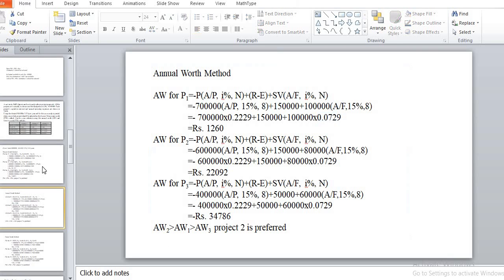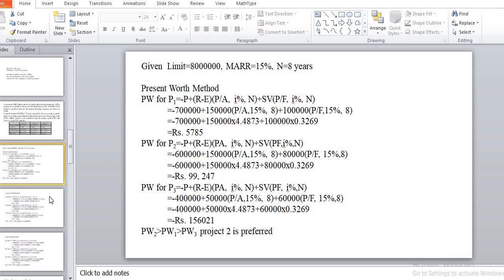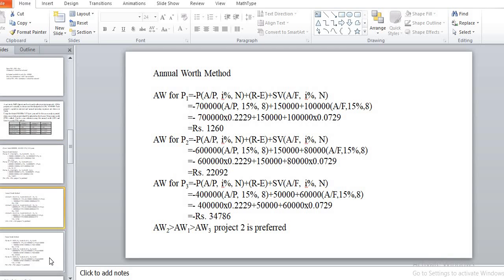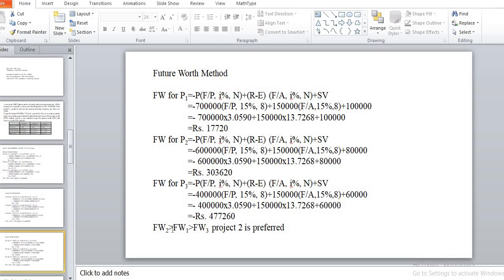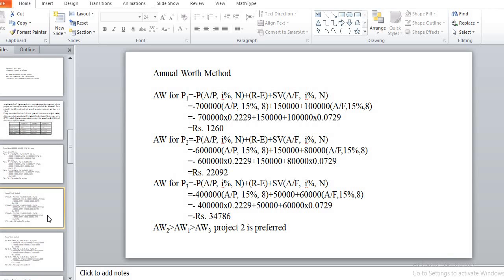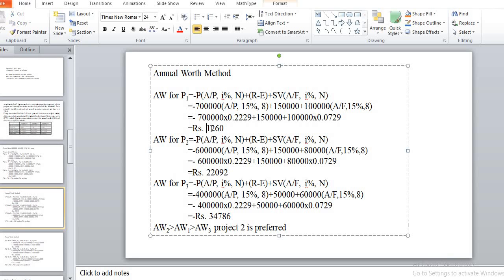Whether you calculate by present worth, annual worth or future worth, you will get the same result: project 2 is preferred. There is some calculation mistake here, but if you calculate carefully, you will observe that annual worth 2 is greater than annual worth 1, which is greater than annual worth 3.